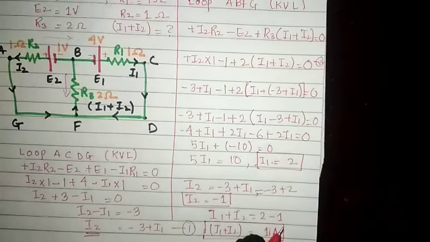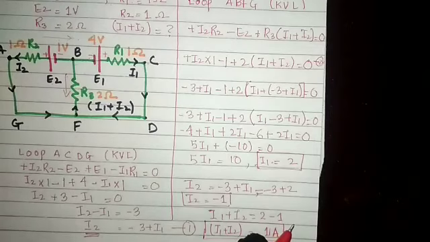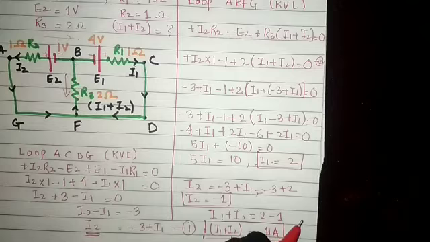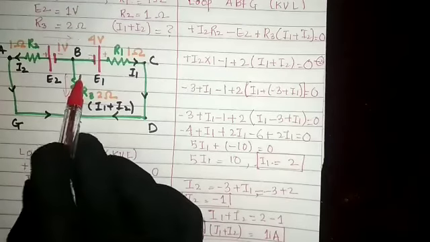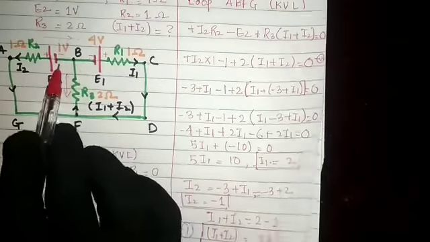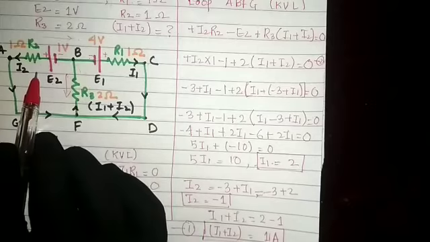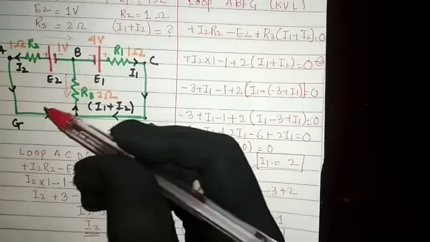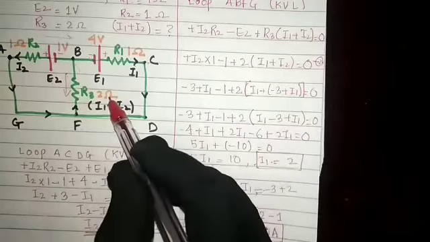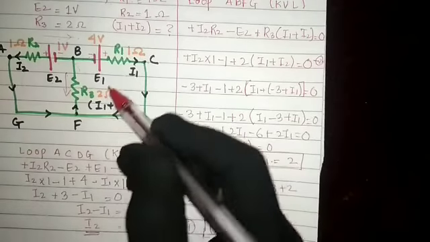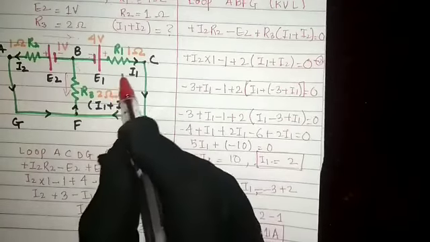So hope you understand how to apply Kirchhoff's voltage law in a circuit to find the current across the external resistance. See, in this circuit you can join the positive terminals of the batteries together also. You can have E1 here, E2 here. You can draw the circuit diagram according to your choice, but it should be related to the question. Okay, so you can solve the numericals.